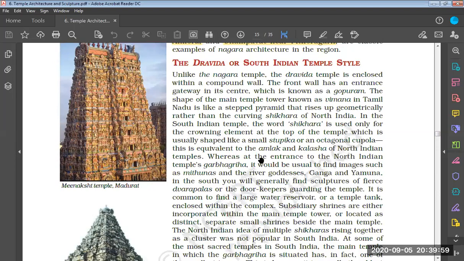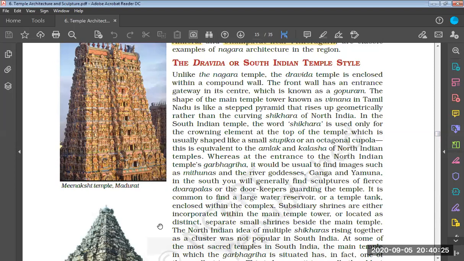The front wall has an entrance gateway in its center, which is known as gopura. The shape of the main temple tower, known as viman in Tamil Nadu, is like a stepped pyramid that rises up geometrically rather than curving like the shikhar of North India. This is the most distinguishing feature between the Nagara and the Dravidian style.